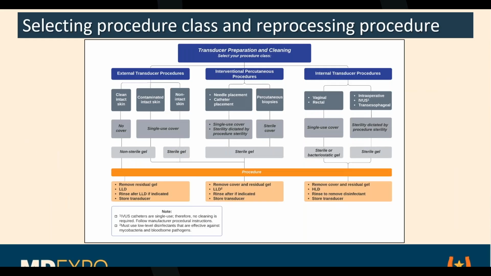Here's what determines whether or not it's an internal transducer procedure, whether or not it's an external transducer procedure with unbroken skin, all those things, and it'll go through here and tell you what you need to do all the way down to the procedure level. And this also applies whether you're hand cleaning or if it goes into an automated device. This type of structure needs to take place.